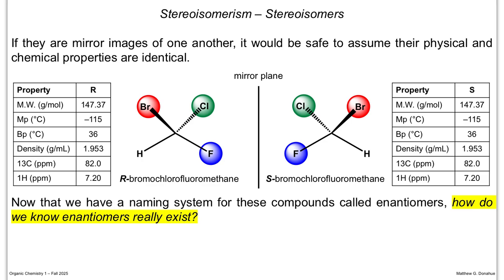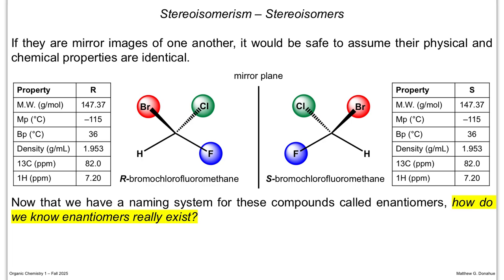But if you look at the physical and spectroscopic properties for both the R and the S enantiomer, they're exactly the same. Melting points are the same, the boiling points, the masses, the chemical shifts. So other than us drawing them on paper, how do we actually know that in reality these 2 things exist if all of this stuff is the same for both of them?